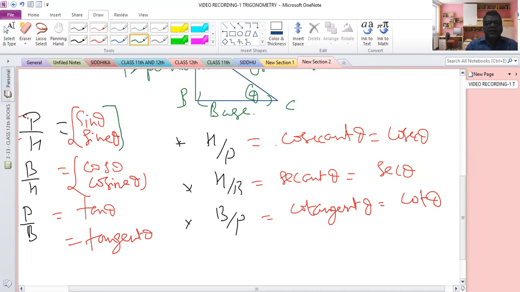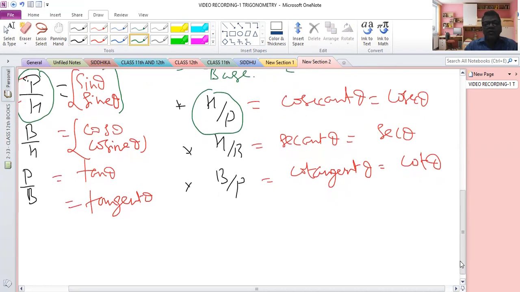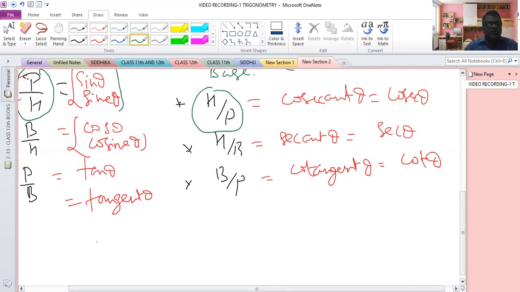This sine theta and cosecant theta. Sine theta is perpendicular by hypotenuse, and cosecant theta is the ratio between hypotenuse and perpendicular, and they are reciprocal to each other. Okay, you can check that sine theta into cosecant theta is equal to perpendicular by hypotenuse into hypotenuse by perpendicular, that is 1.